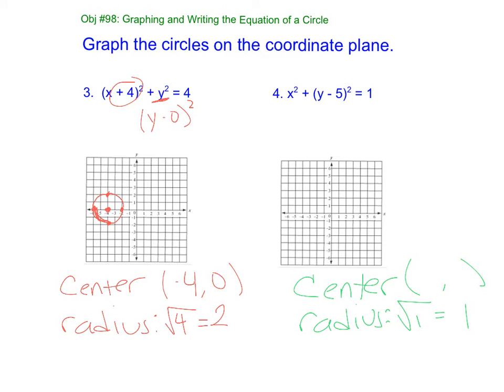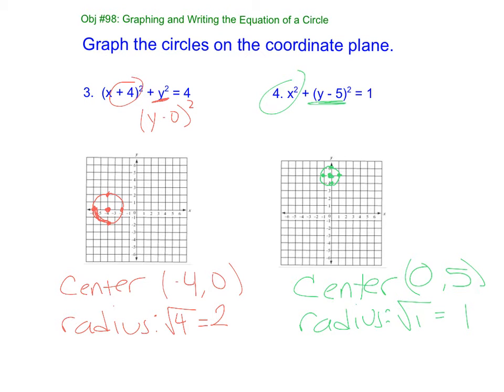This time there's no parentheses with x, so the x value is 0. And my y value, instead of minus 5, it becomes positive 5. So my center is 0, 5, so I'm going to go up to 5, put a dot. And from that point, I'm going to go 1 in every direction. Up 1, left 1, down 1. So it's a really little circle.